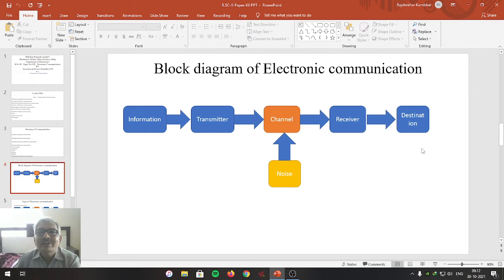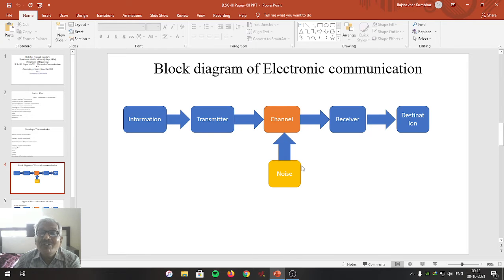Do remember, during the propagation of this signal, some unwanted things are going to happen along the path, and we call these unwanted things noise.